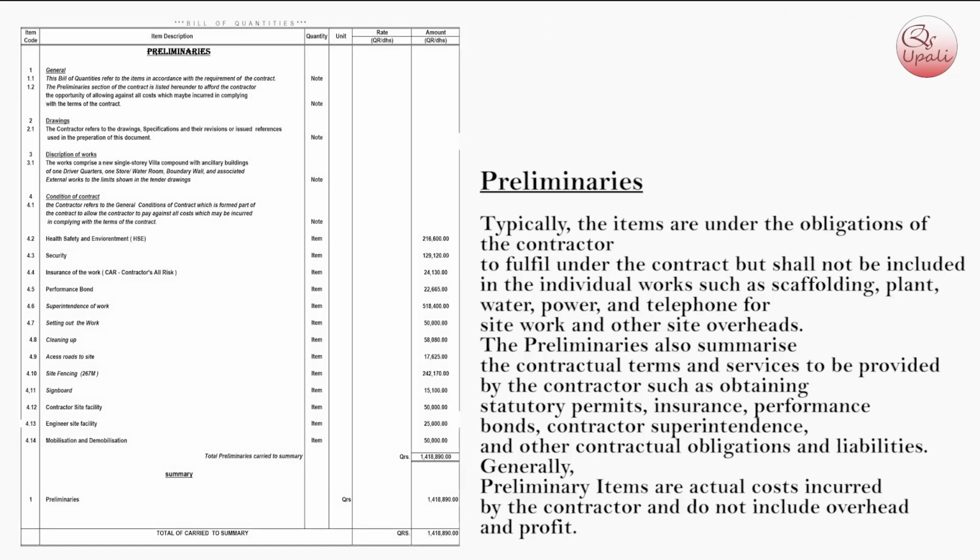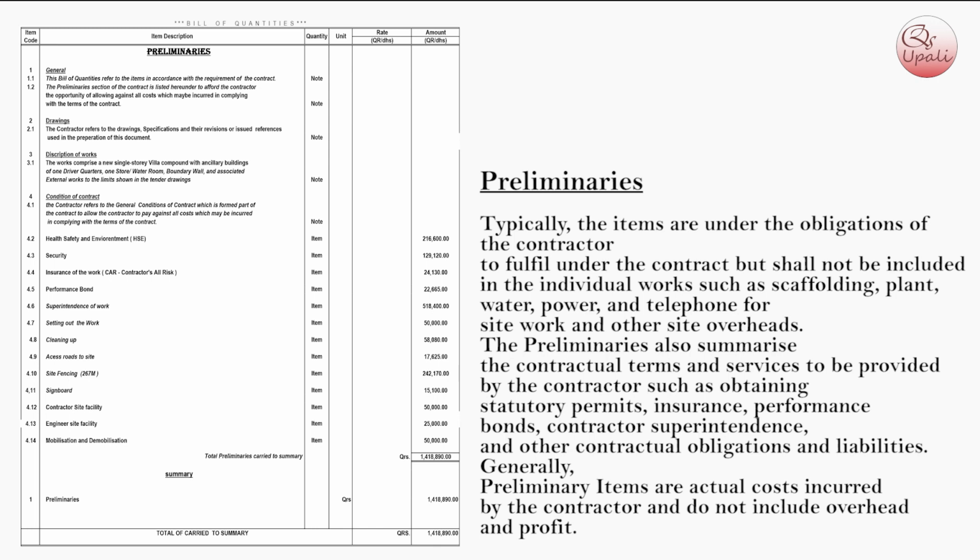Preliminaries. Typically, the items are under the obligations of the contractor to fulfill under the contract but shall not be included in the individual works, such as scaffolding, plant, water, power and telephone for site work and other site overheads.